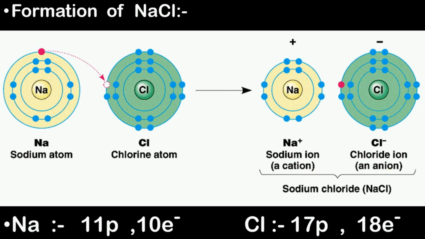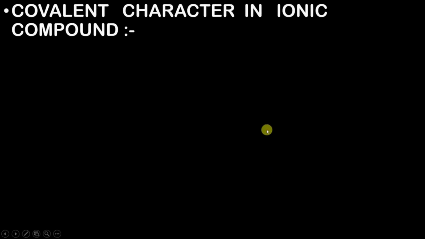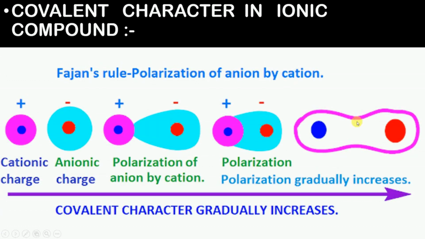Okay, now moving ahead, let us understand how covalent character is developed in an ionic compound. So I am going to explain this with the help of only one figure over here. Do not consider this image, just neglect this figure.